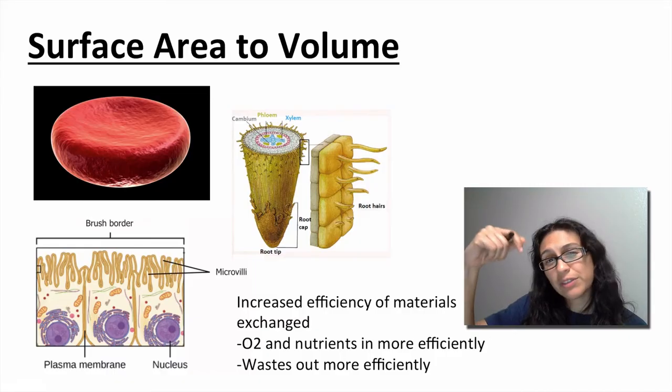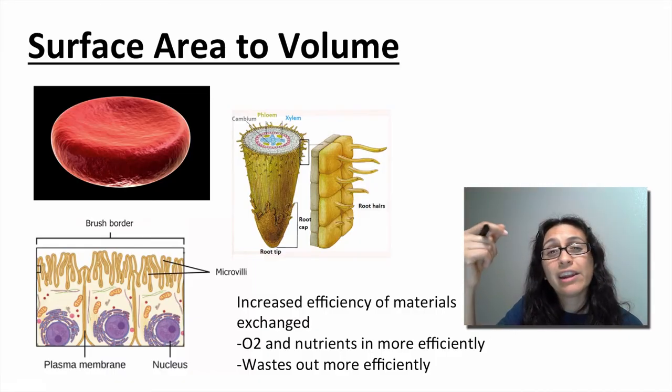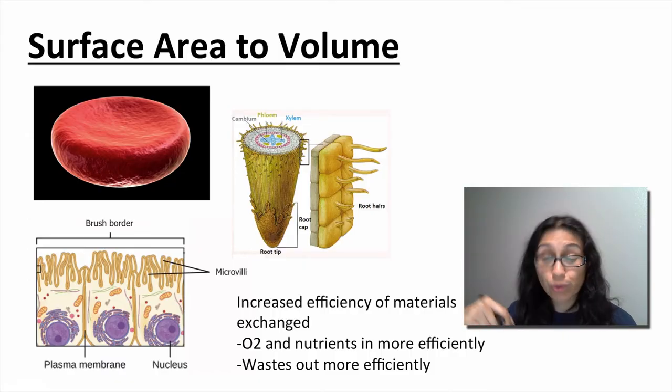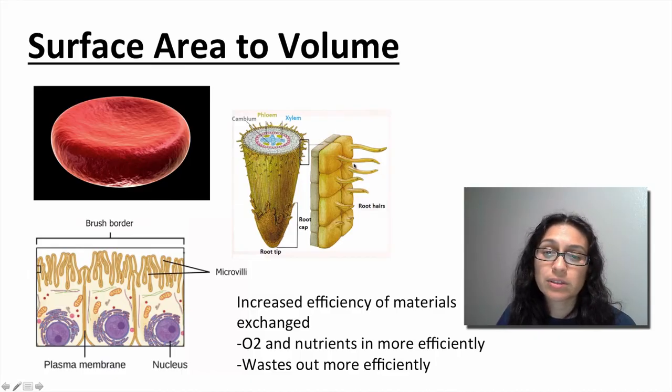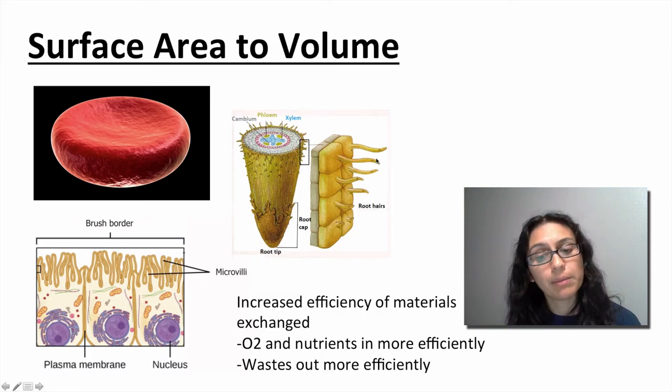So from the surface, the outside of that root hair, it's going to be very quick for water and other minerals in the soil to be absorbed into those root hairs and then taken into the plant. So these root hairs, being longer and skinnier, increase surface area without increasing volume. So you have a very large surface area to volume ratio, and it can absorb water and other minerals from the ground a lot quicker.